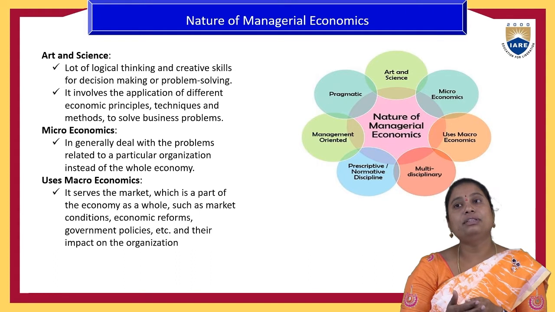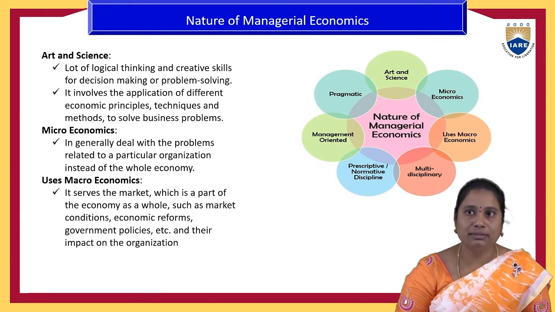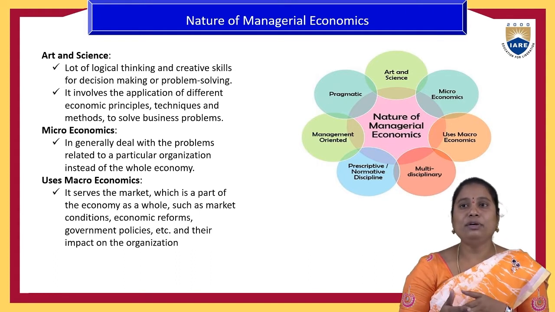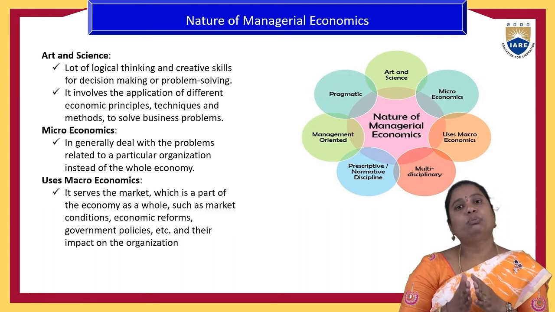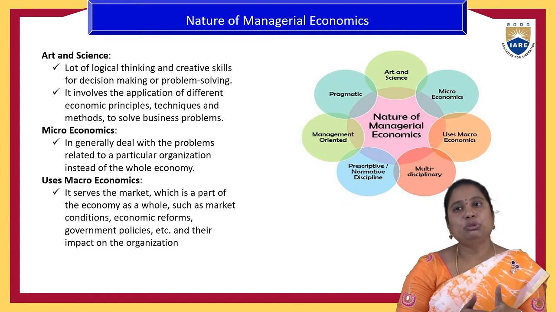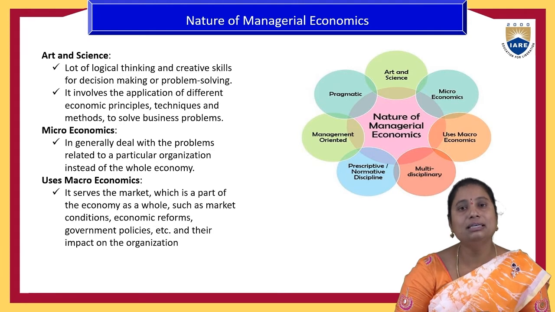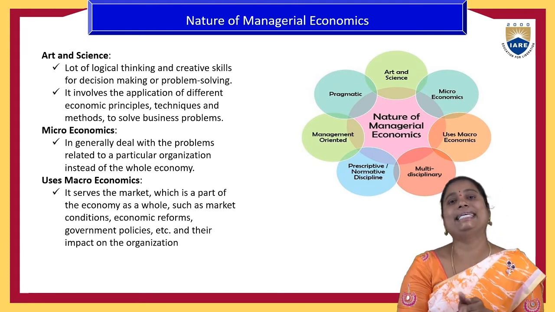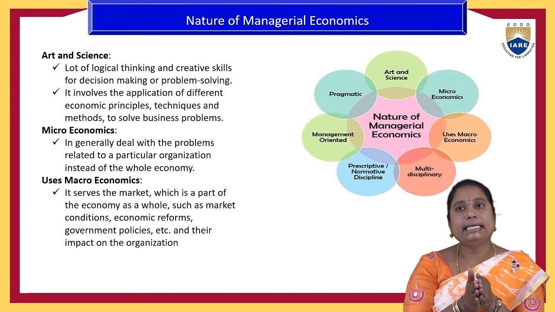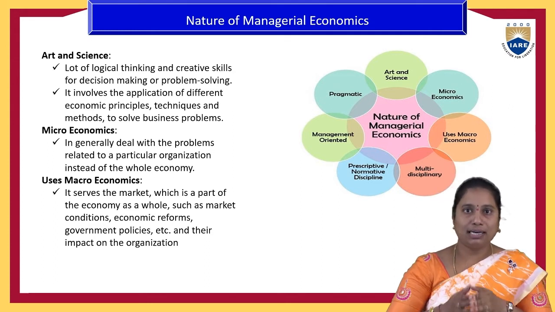It assists with multidisciplinary elements, it is prescriptive, it is a normative discipline, it mainly focuses on management-oriented activities, and managerial economics is pragmatic. All these are the natures and characteristics of managerial economics.